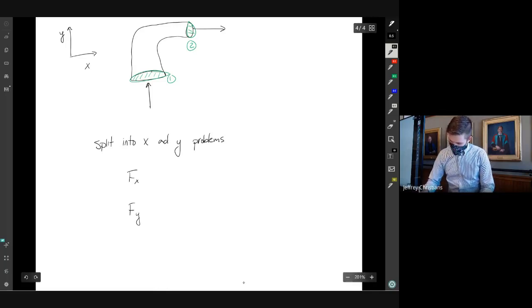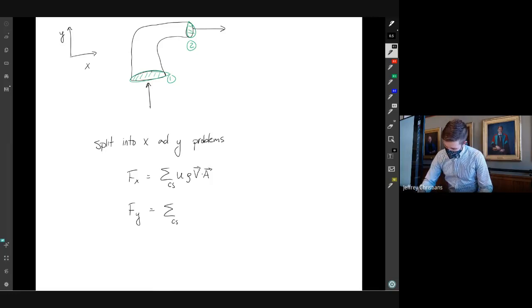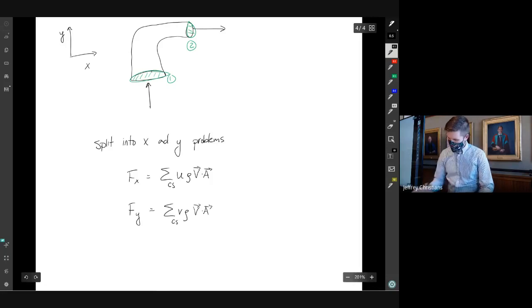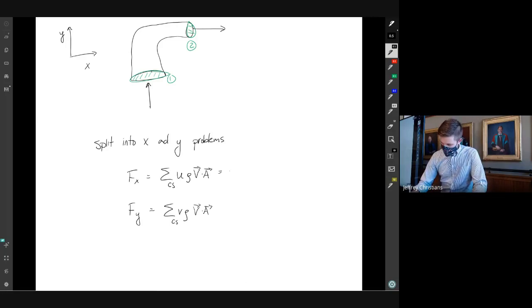You just have, summed over our control surfaces, the X direction is the X component of the velocity times rho v dot A. The Y problem is going to be the Y component of the velocity, rho v dot A. So this would be now the X component.